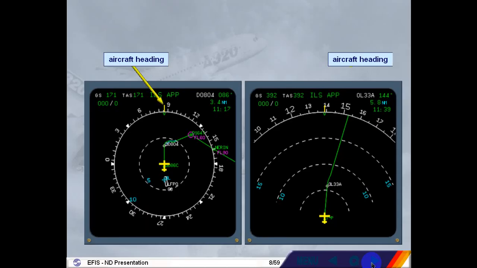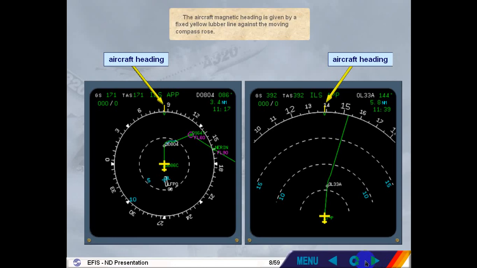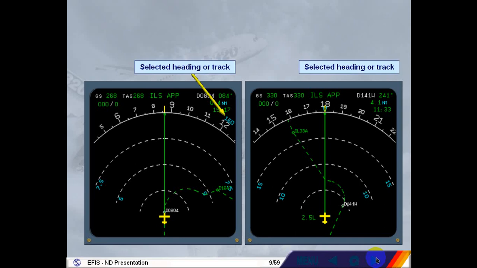The aircraft magnetic heading is given by a fixed yellow lubber line against the moving compass rose. The selected heading or track, if bird is selected on, is shown by a blue triangle, or blue numbers if out of display range.